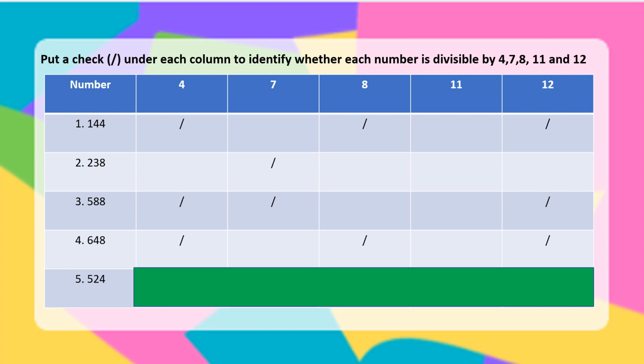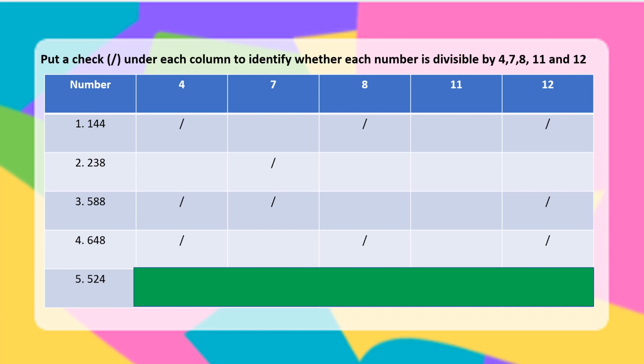How about by 11? By getting the alternate places again. So 6 plus 8 will give you 14. Minus 4, it will give you 10. And 10 is not divisible by 11. Okay, let's proceed to 12. It is already divisible by 4.